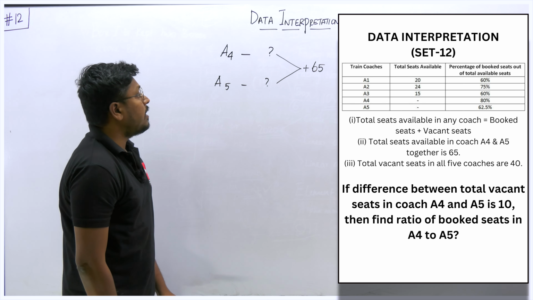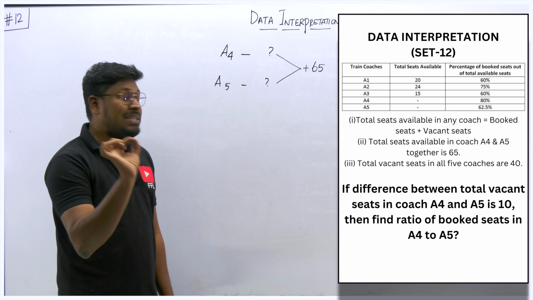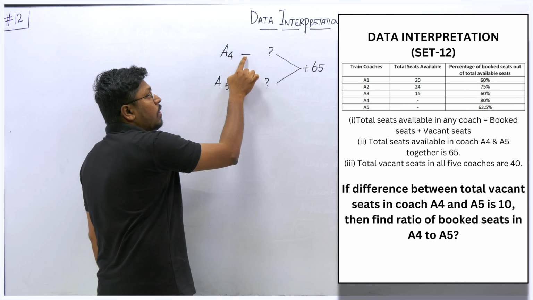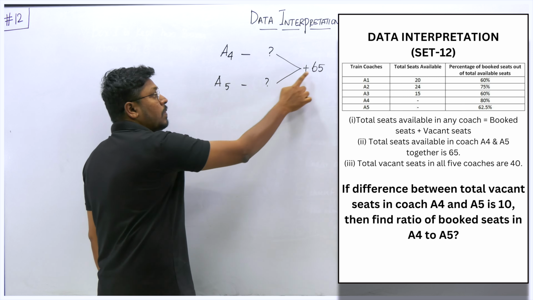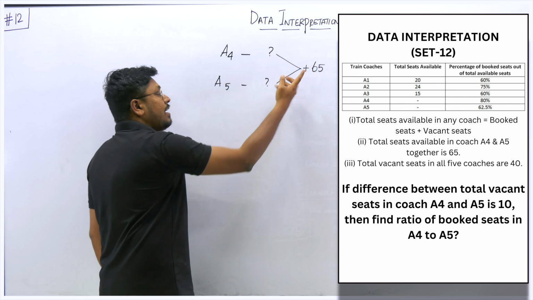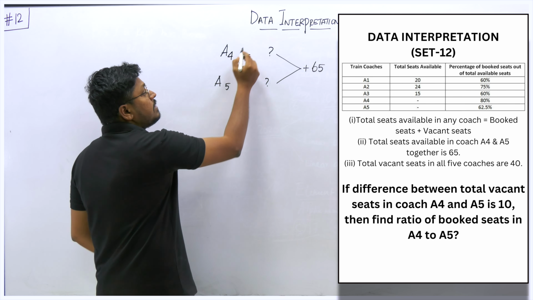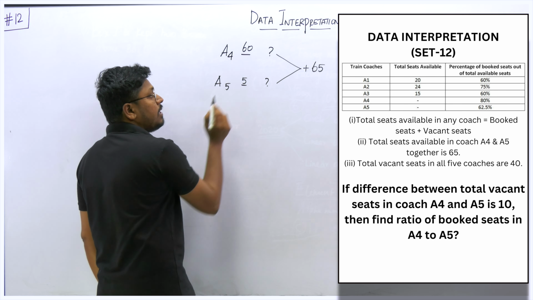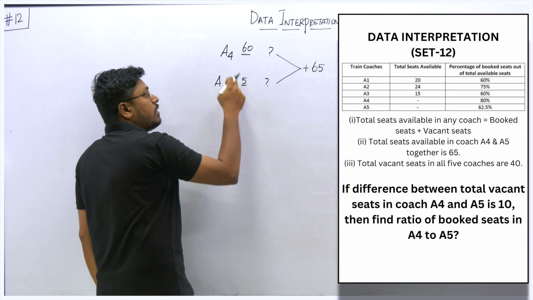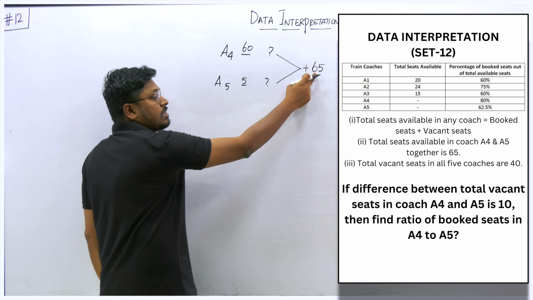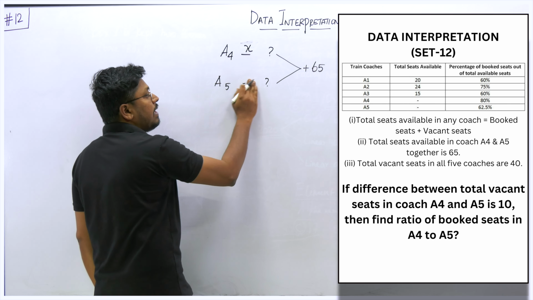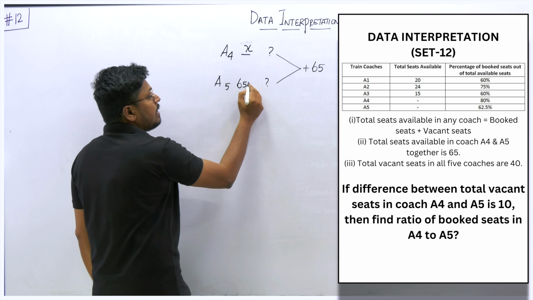First, let me understand one simple concept here. We know that the total available seat of A4 and A5 together is 65. For example, if one total available seat is 60, then the remaining 5 will be the other. Only then the total number of available seat will be 65. So if one value is unknown, x, the second value will be 65 minus x.